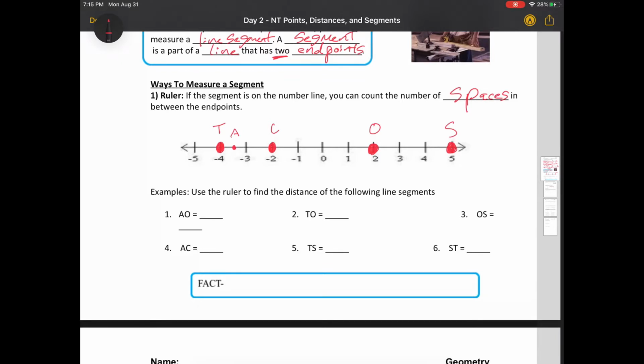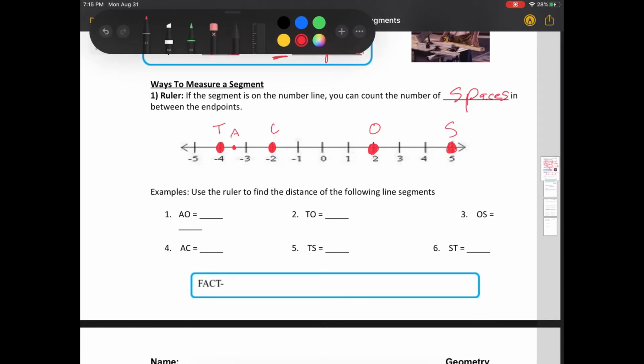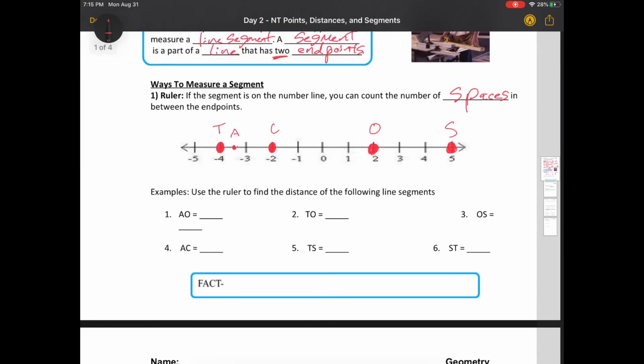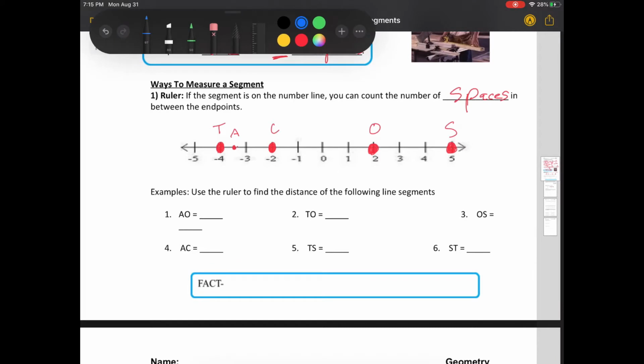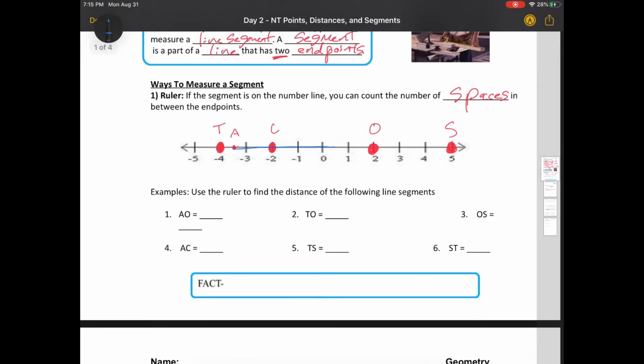So let's look at the distance between line segment A and O. If we look at A and O, so that would be the line segment that goes from A to O, we have a definite measurement. So this is about 0.5 here. And then if we go up, we have 1, 2, 3, 4, 5. So our measurement here would be 5.5.